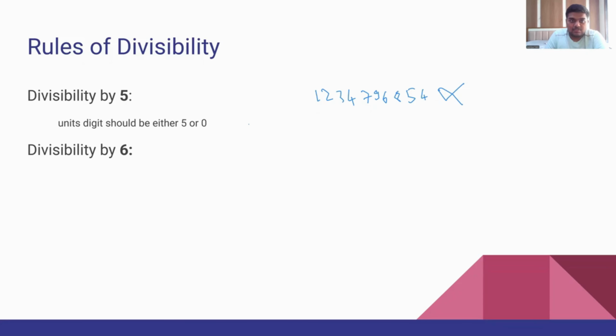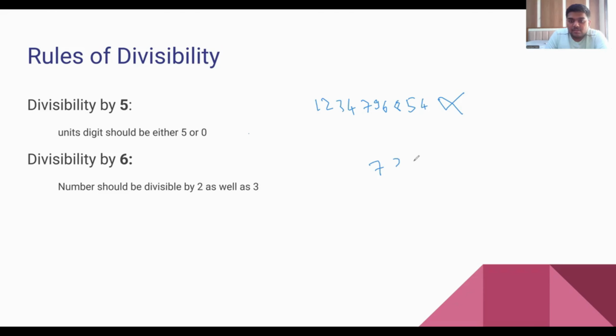Now, divisibility by 6. For a number to be divisible by 6, it has to be divisible by 2 as well as 3. For example, 7, 3, 2, 4, 2. Let us say this is a 5-digit number and we have to check its divisibility by 6.